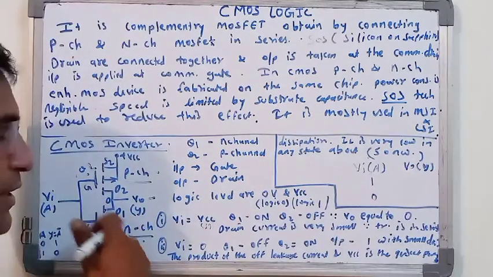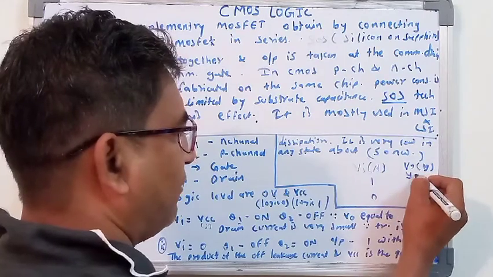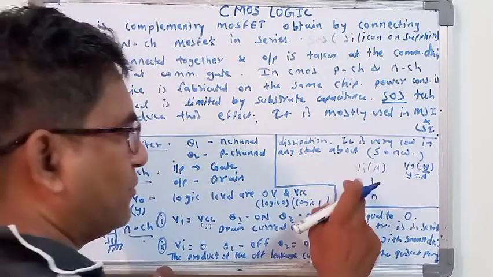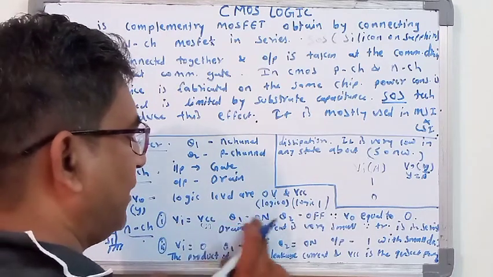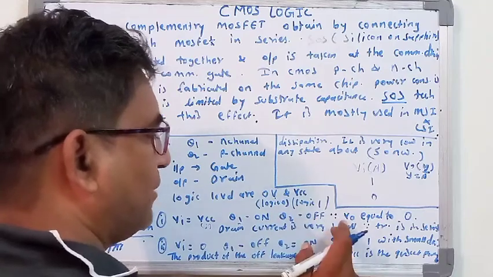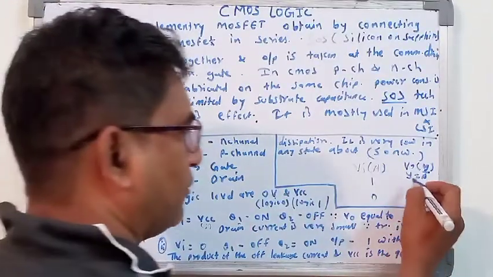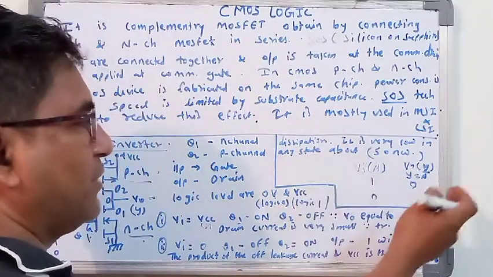As you know, it is an inverter, which means the inverted value will be obtained, so here you may write Y is equal to A bar. For VCC, I told you Q1 is on and Q2 is off. Since VO is equal to 0, the output is 0. When we apply 1, the output is 0.